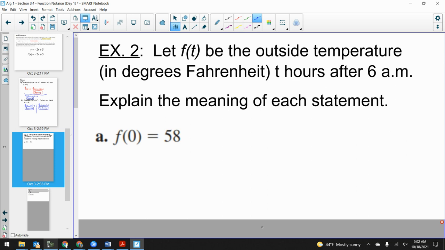Okay, what is starting time? 6 a.m. So this means at 6 a.m., it's 58 degrees. That's what that really means. At 6 a.m., it's 58 degrees. At time 0, at starting time, it's 58 degrees. Okay? Let's look at the next one.